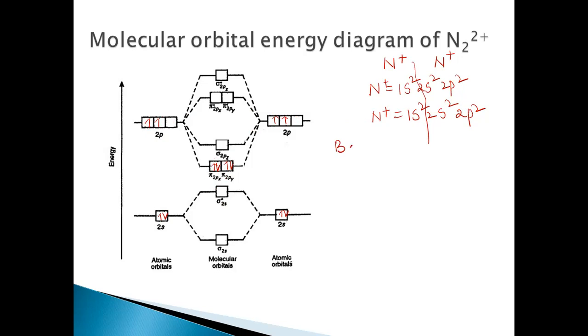So when you come to how to write the electronic configuration, first write the electronic configuration and then go for the bond order. So the electronic configuration of N2 2 plus is sigma 1s2, that one I have not represented here, sigma star 1s2, sigma 2s2, so this is also getting filled up, right?